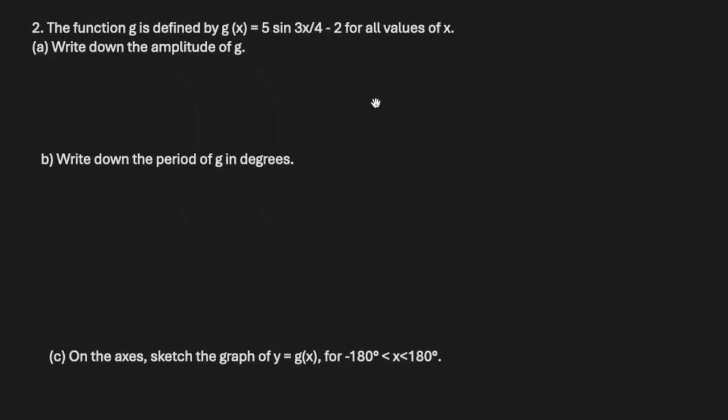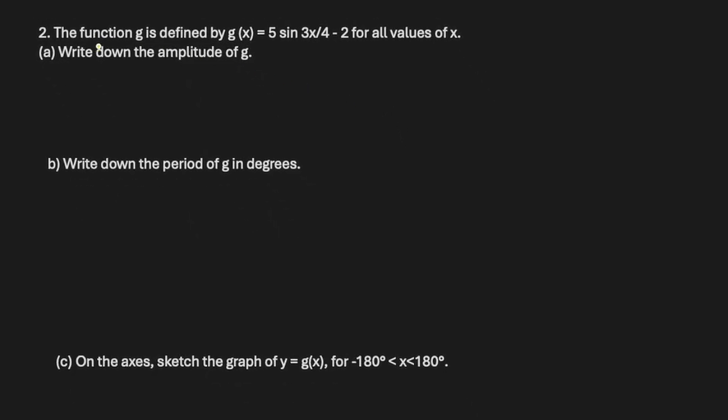Question number 2 is here. Function g is defined as 5 sine 3x/4, that is the angle, minus 2 for all values of x. Write down the amplitude of g. So if you remember, this is the common format. The alphabets may be different, but this is the common format of any trigonometric function.